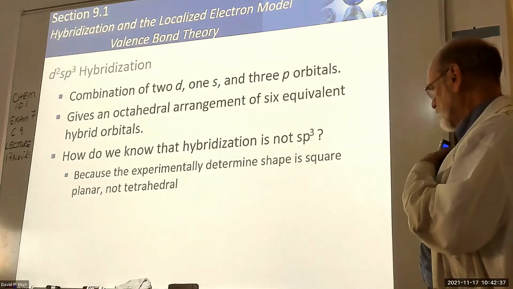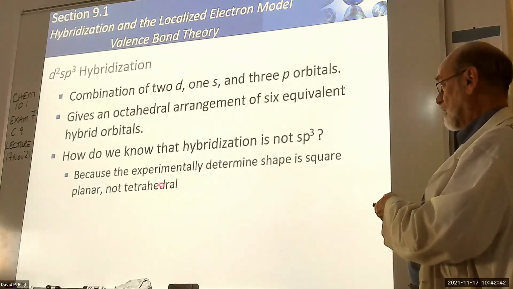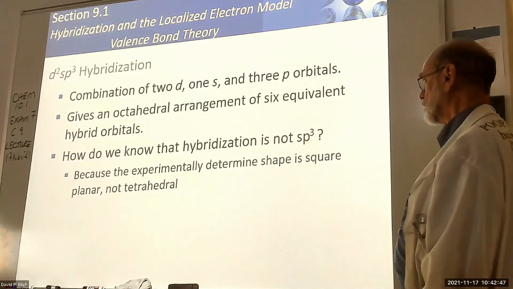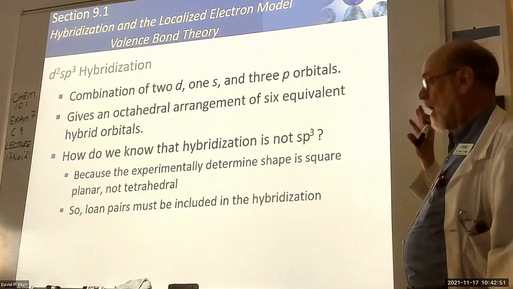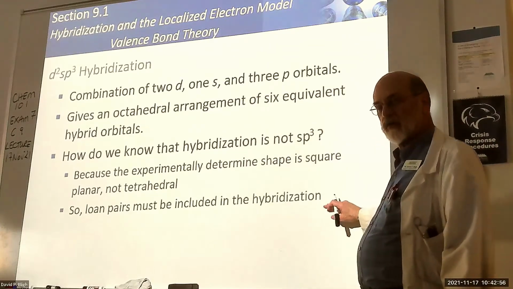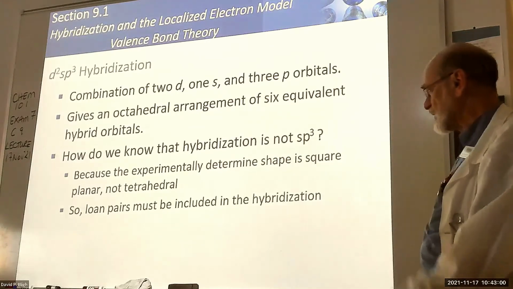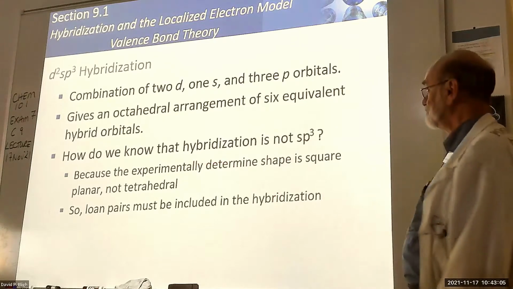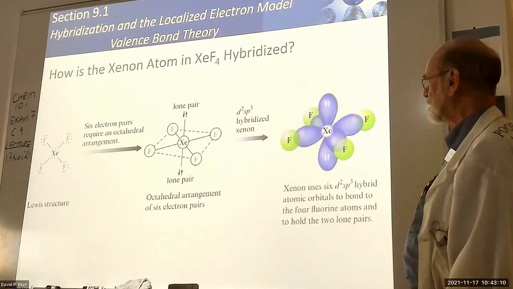So that eliminates sp3 hybridization there. That is also supporting evidence for the fact that we need to include lone pair electrons in the hybridization, because that's the only way we're going to get agreement with experimental evidence.